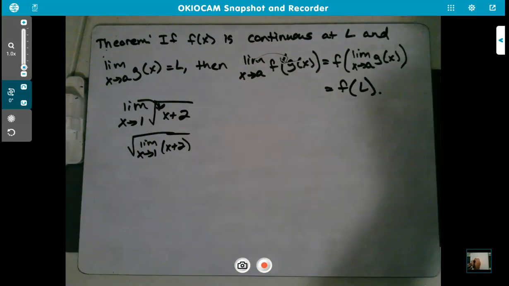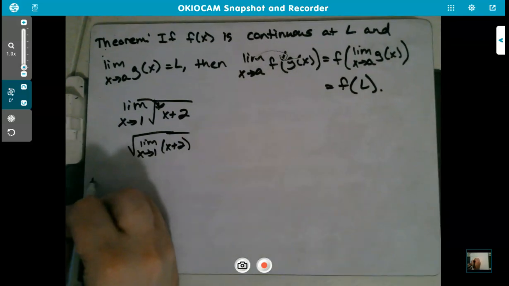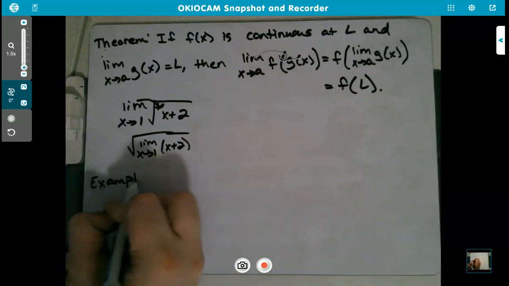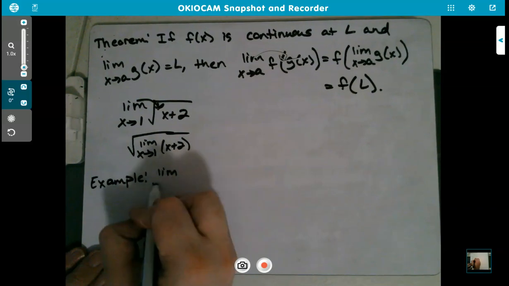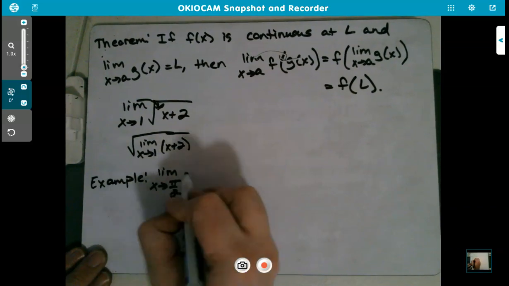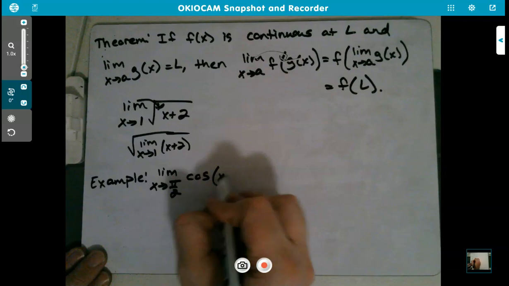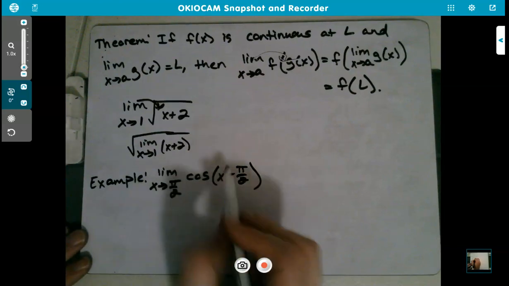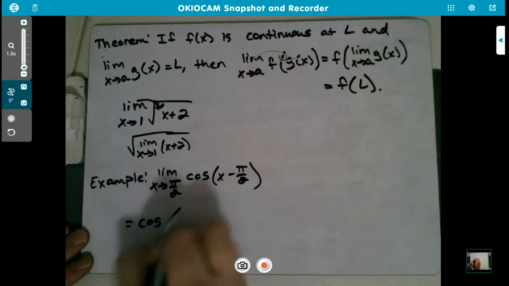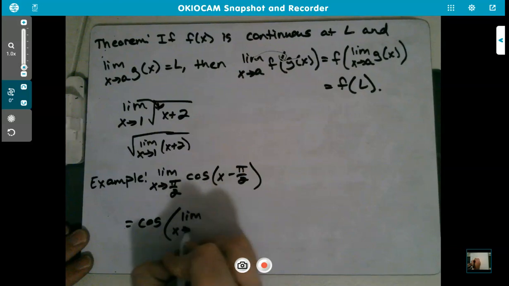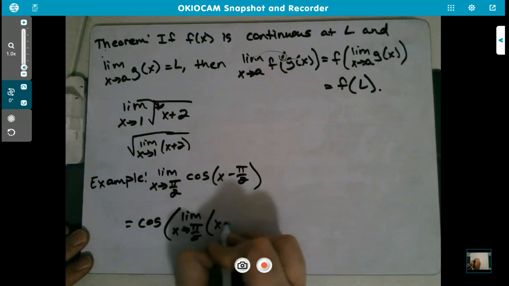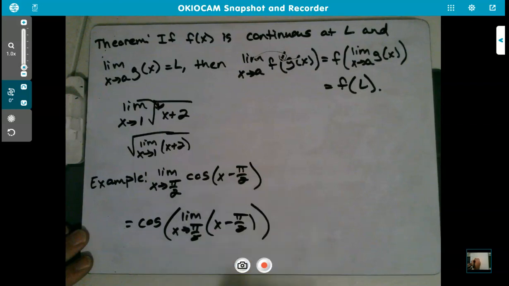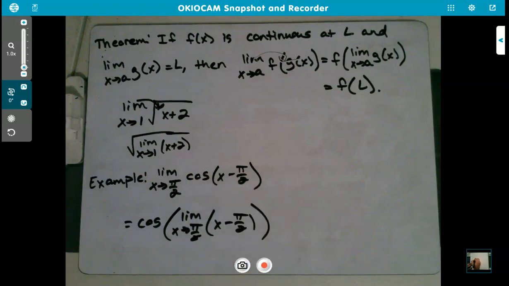I think I can fit it right here, so I'm not going to waste a board on that. Let's find the limit as x approaches pi over 2 of cosine of x minus pi over 2. I can bring the limit inside and make that the cosine of the limit as x approaches pi over 2 of x minus pi over 2, which helps a lot because now I can just plug in.